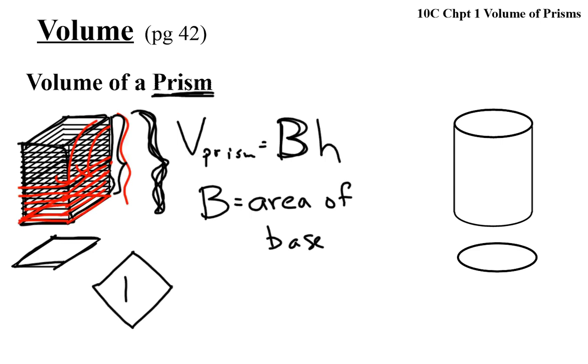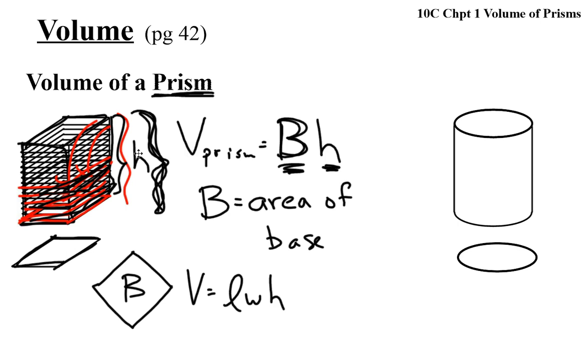That's a rectangle base, so we would get the area of the base. The area of a rectangle is LW. But then those rectangles got stacked and stacked, so we need to take the area of the base and multiply it by the height. So there's the formula for the volume, not just of a prism, but specifically for a rectangular prism.